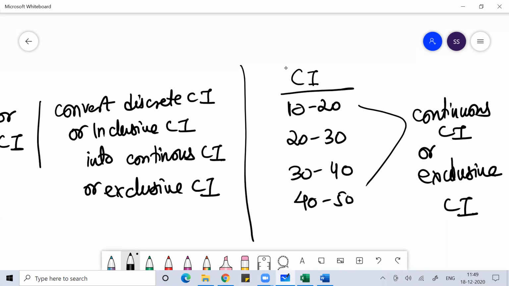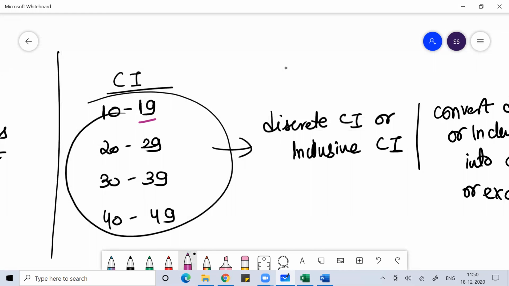If there is no gap between the upper limit of one class and the lower limit of the next class, then this is called a continuous class interval.